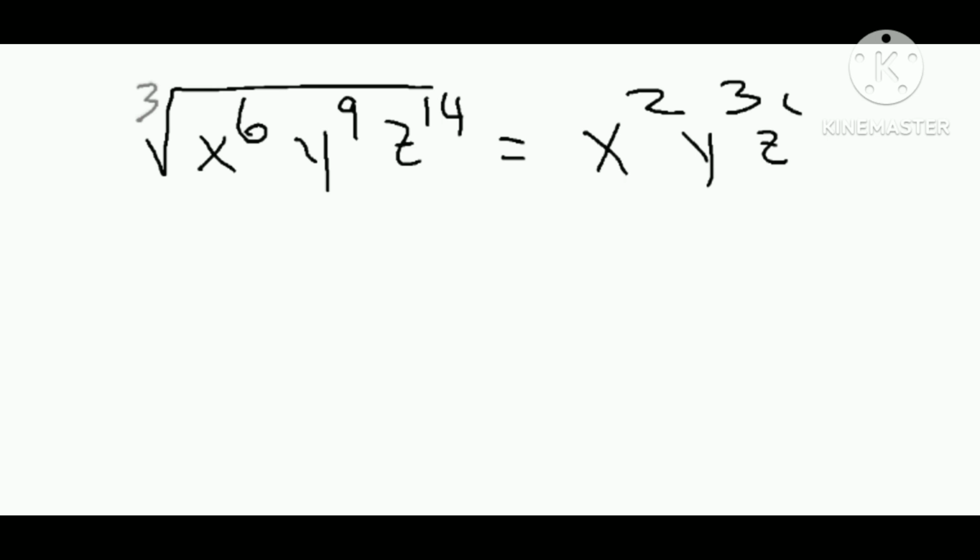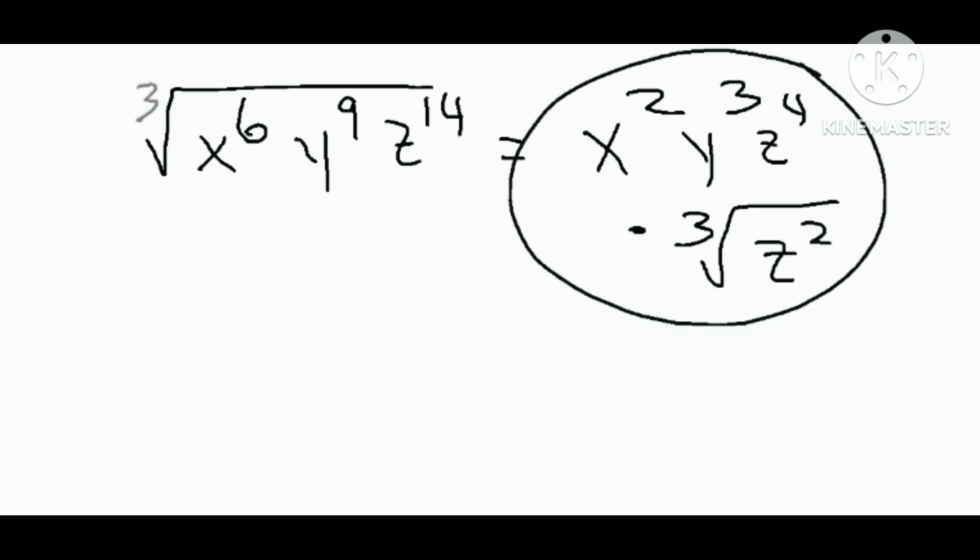So we're going to have z to the 4 on the outside times the cube root of z to the remainder. 3 times 4 is 12, and 14 minus 12 is 2, so there's 2 z's remaining. So this is the answer, x squared y cubed z to the 4 times the cube root of z squared.